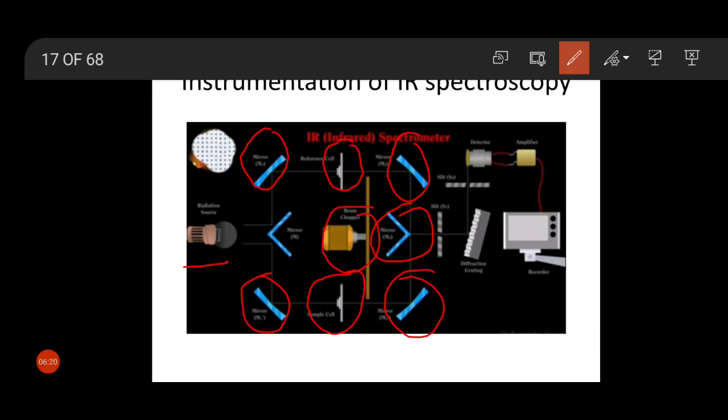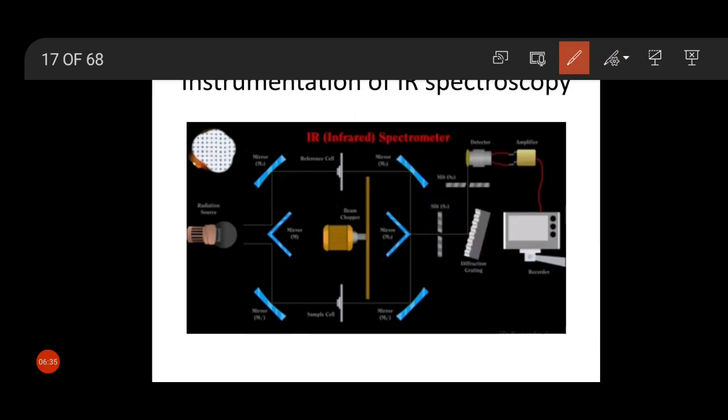Next part is slit S1. This is our slit S1. Then coming to the diffraction grating. This is our diffraction grating.